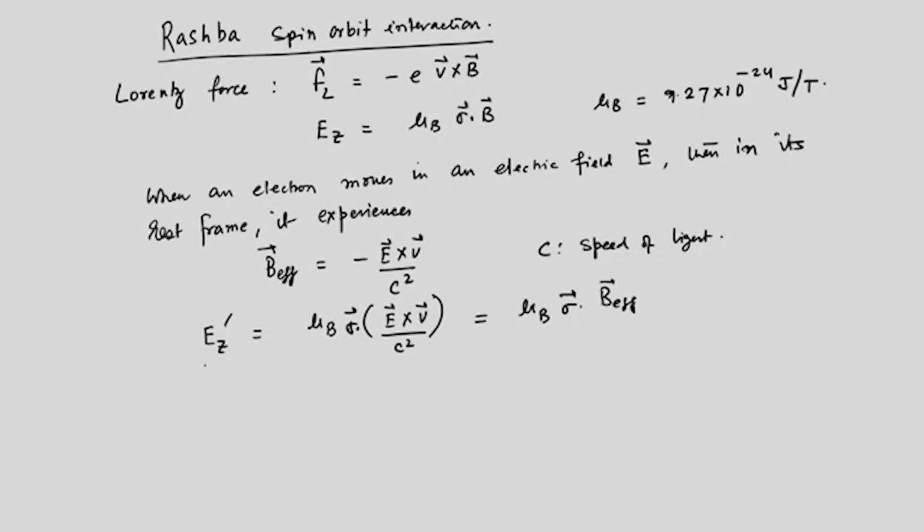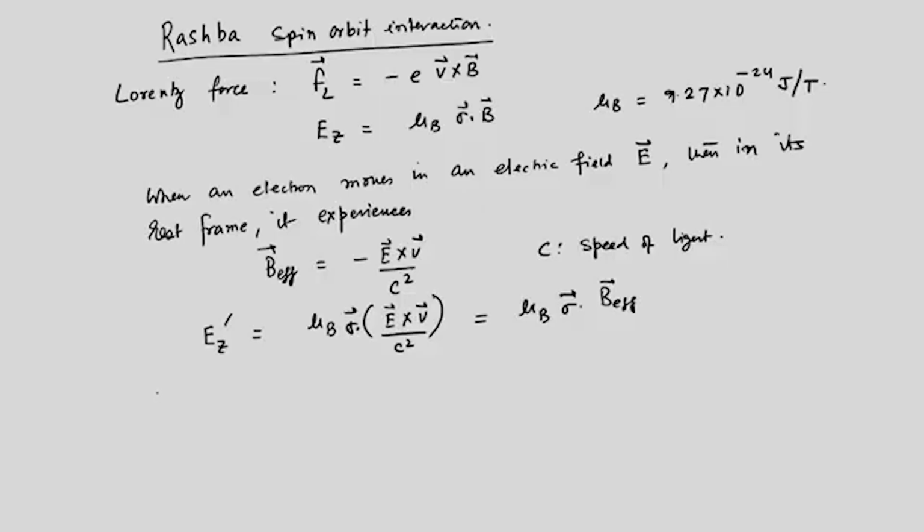So this E_Z prime is nothing but the spin orbit coupling term, and if we write it in terms of operators, the spin orbit term is written as mu_B over m c squared, E cross, now I make this v as p divided by m, and there is a sigma dot there.